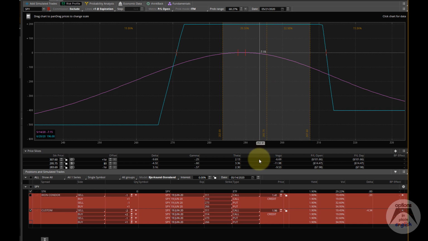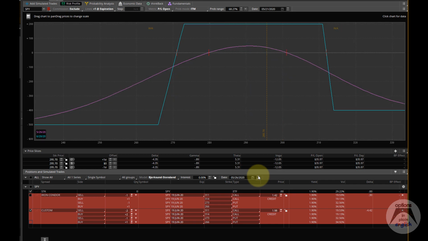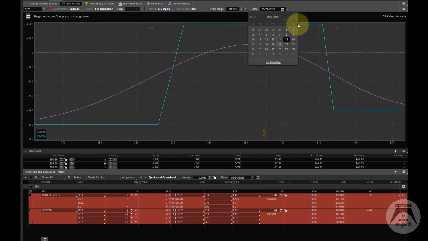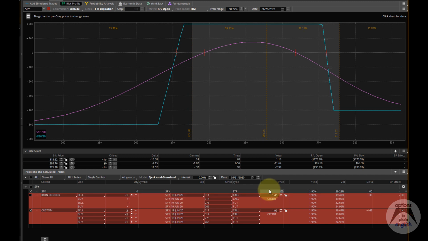Because what's going to happen is, when I put this on, my objective is not to wait for it to expire worthless. My objective is to get, in this case for iron condors, anywhere between 25 and 50% of max profit. So as time starts passing, you're going to see that your profit line is going to start expanding here. Let's change the expiration date here. So your profit line is going to be expanding as time passes, and what you want to do is you want to take this off when you get between 30 and 50%.